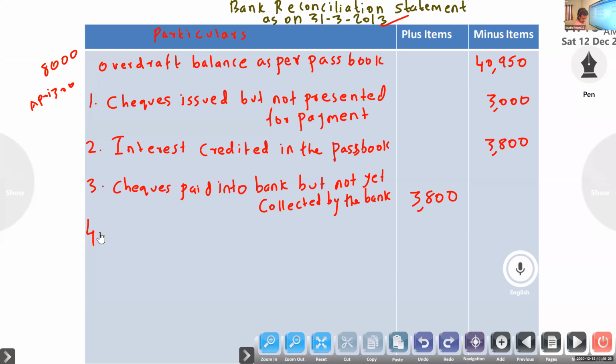So in this case, what will we do? $780 credited in the passbook on 31st March, dishonored and debited again in the passbook in April. There was no entry in the cash book.